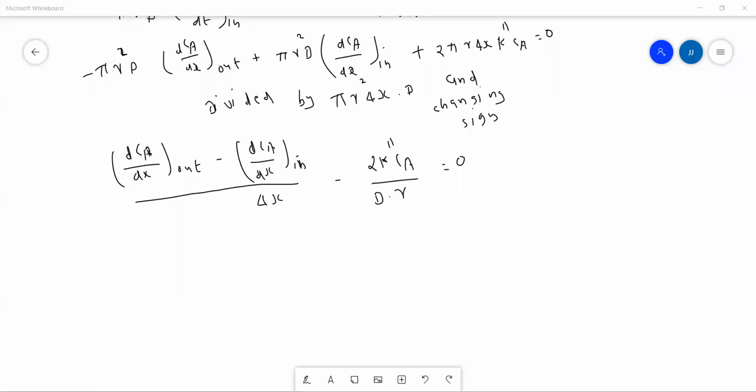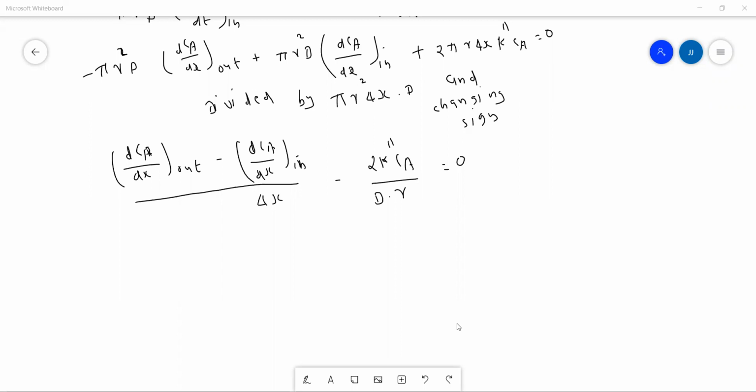Good morning, students. In the last lecture, we derived the equation for pore diffusion resistance by considering a cylindrical pore having length L. We took a small elemental section and did a material balance over it: in is equal to out plus accumulation plus generation.